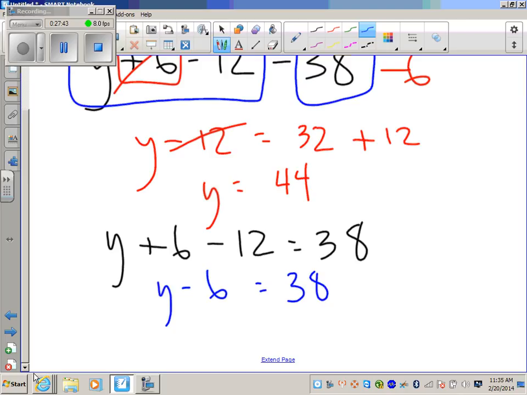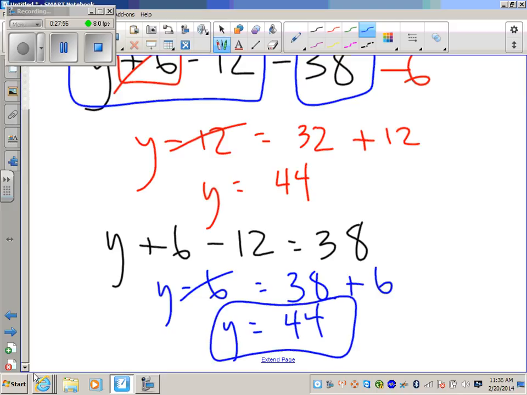And the opposite, Liam, would be what? We're going to add 6 to both sides, right? Do we still get 44? Yep. So either way works as long as you're consistent with the opposites and your operations are the same as you would if you lumped it all together or if you didn't.